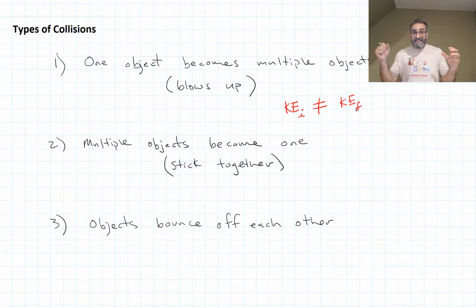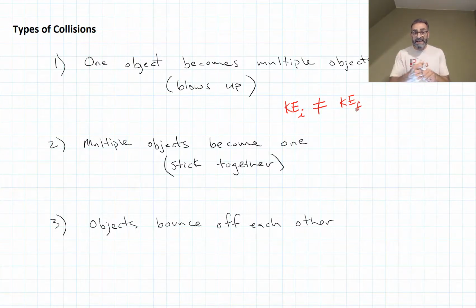What happens when things stick together? When things stick together, we also know for certain that the kinetic energy before and after will not be the same. It will be less after the collision because of all kinds of reasons. The mechanical energy could be dissipated into sound, into heat, into deformation.